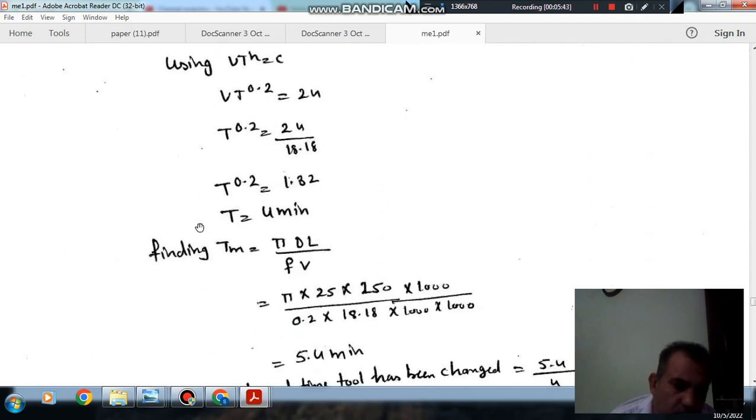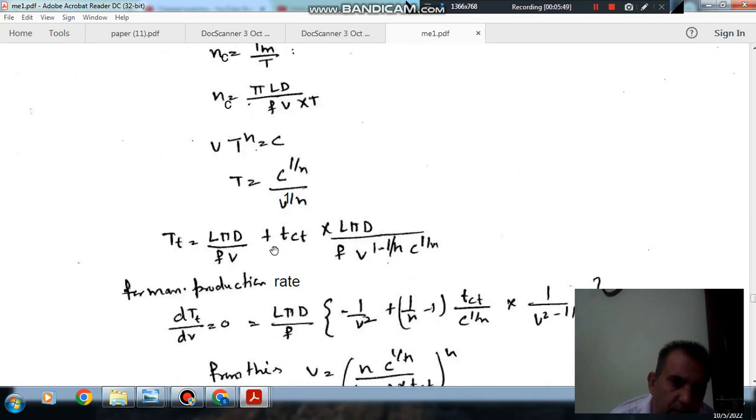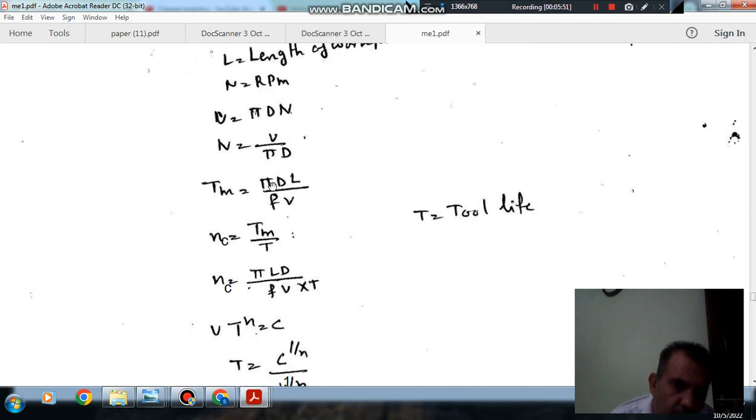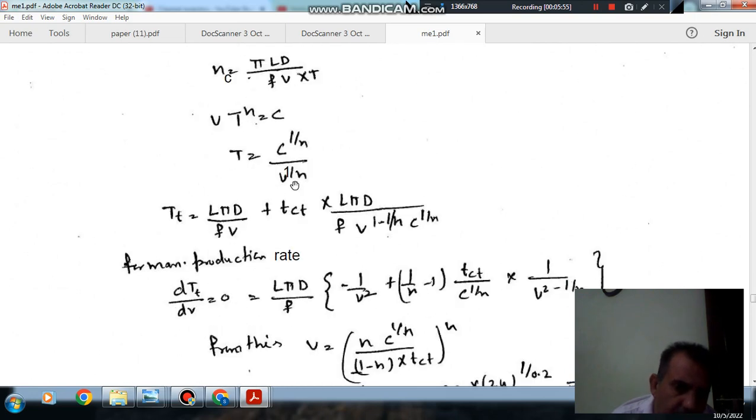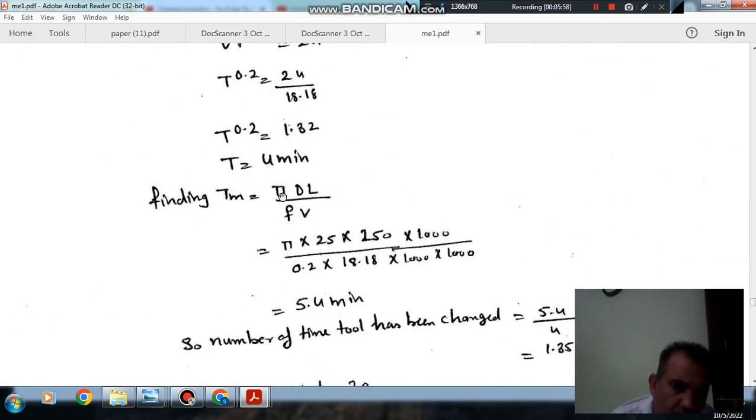Now from this V and T we can determine the machining time, because the machining time is in terms of V, pi D L by F V. So D is known, 25, L is known, 250, F is 0.2, and V is known.